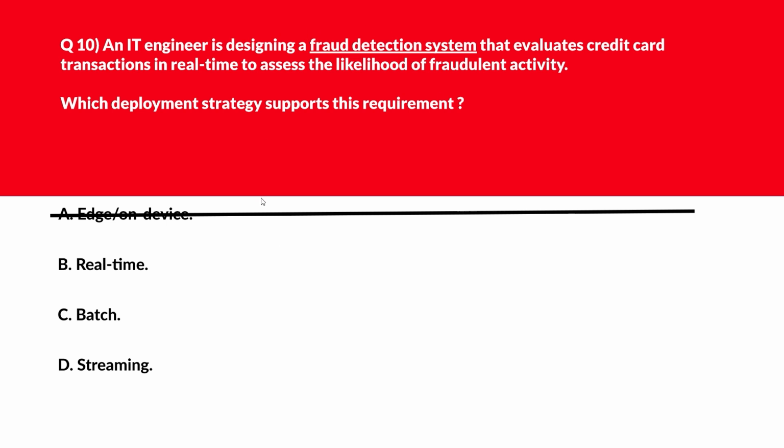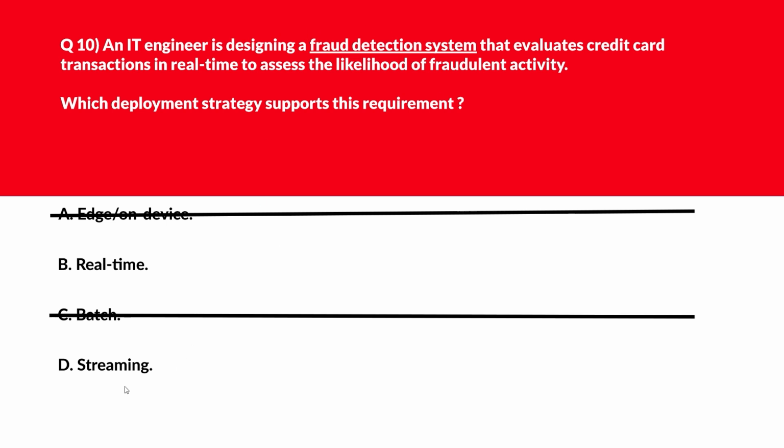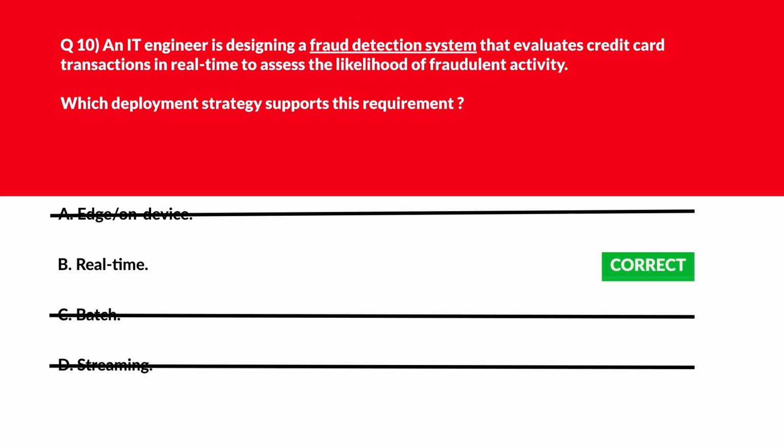Wrong choice. Let's move to option D. D says streaming. Streaming deployment handles continuous input but lacks the instant prediction response required for fraud detection. We'll eliminate it. We'll lock option B, real time, as the right choice.